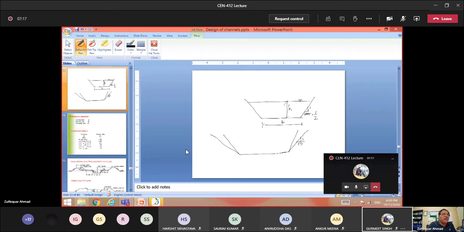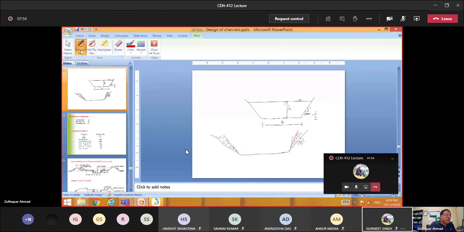What happens is that with the flow of water, there is sediment silting here. Finally, the slope that is attained by the flowing water, which is stable, is one vertical and half horizontal.